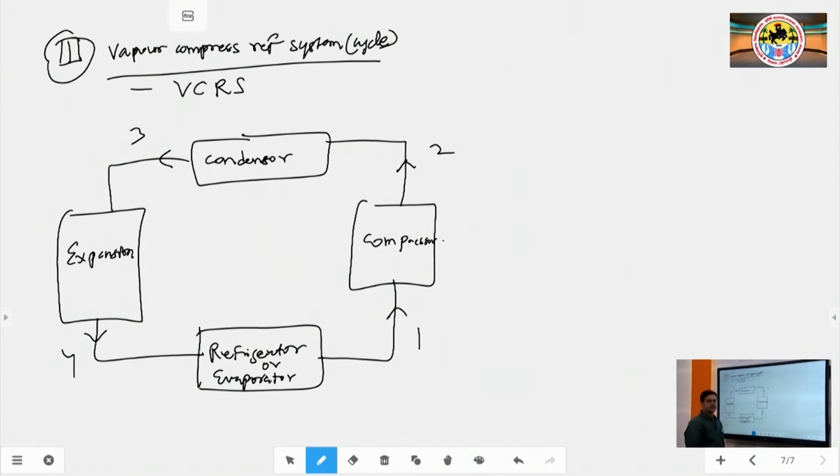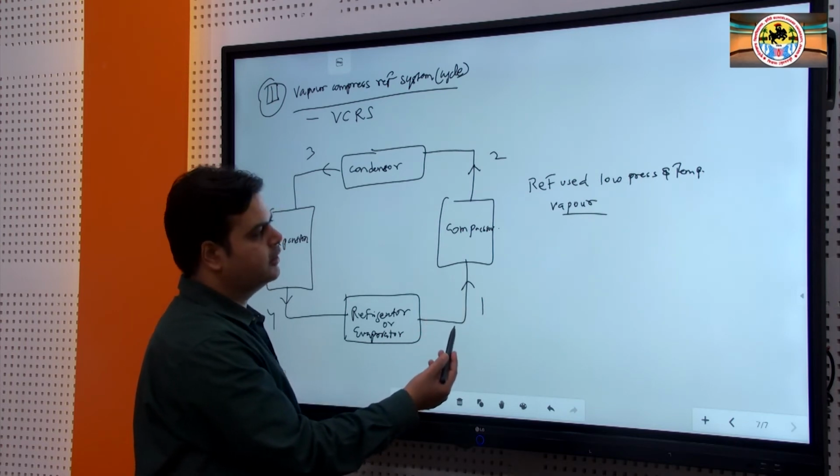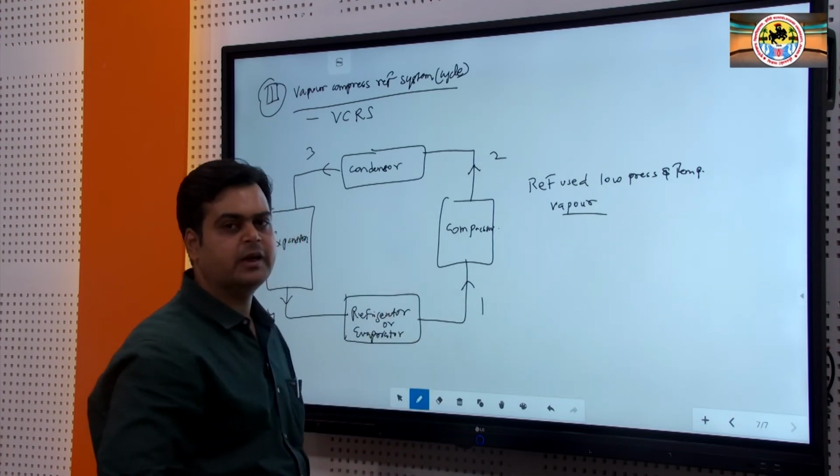So, in the vapor compression refrigeration cycle, there is the refrigerant we use, refrigerant used at low pressure and temperature, and it should be in the form of vapor. So, the refrigerant enters at low pressure and temperature in vapor form, goes to the compressor, where it is compressed.